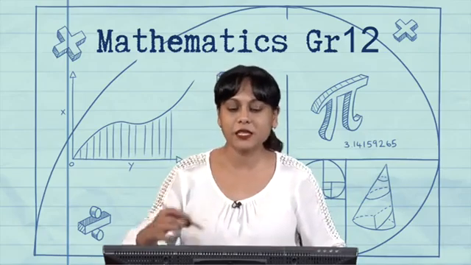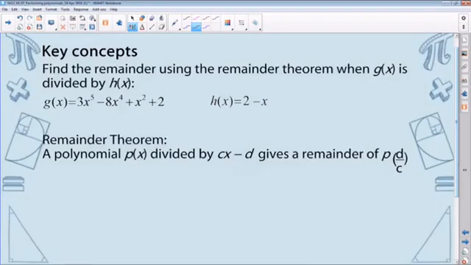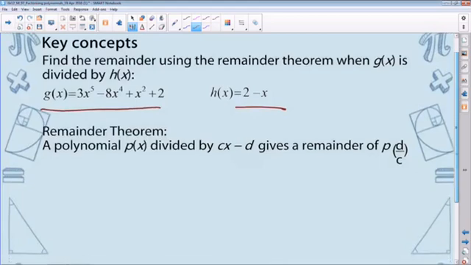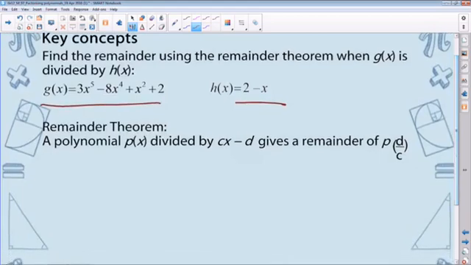We're going to look at finding the remainder using the remainder theorem when you've been given two polynomials, g of x and h of x, and I'm going to go through this with you. We're going to use the remainder theorem rather than long division or synthetic division, okay? The remainder theorem says that if you've got a polynomial p of x which is divided by cx minus d, then to find your remainder, you will find p of d over c.